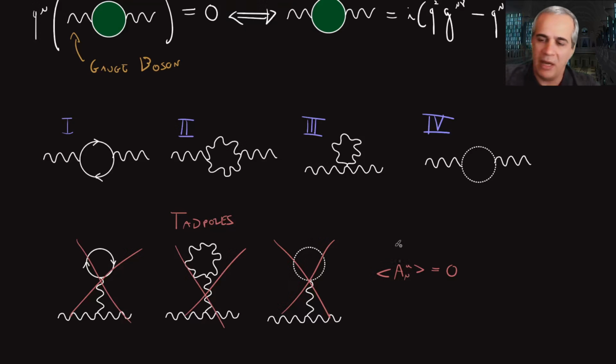So by Lorentz invariance, all these tadpoles should be zero, and that's why I'm not calculating them. But you can also calculate them and show that the sum of these guys is zero, right?